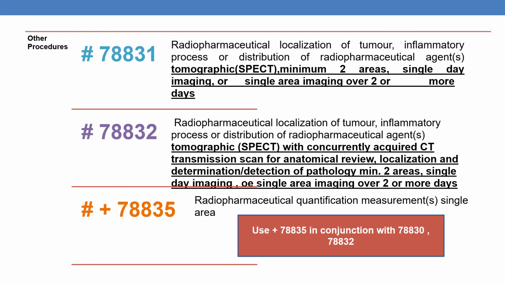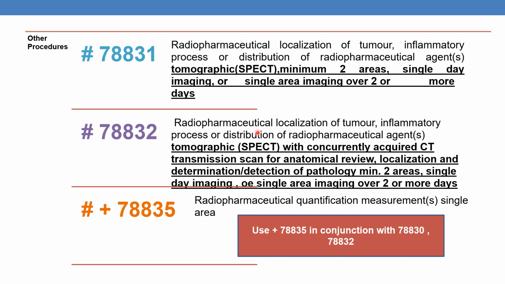The next CPT is 78831, radiopharmaceutical localization of tumor, inflammatory process or distribution of radiopharmaceutical agent, tomographic SPECT scan, minimum 2 areas, single day imaging or single area imaging over 2 or more days. The next CPT is 78832.